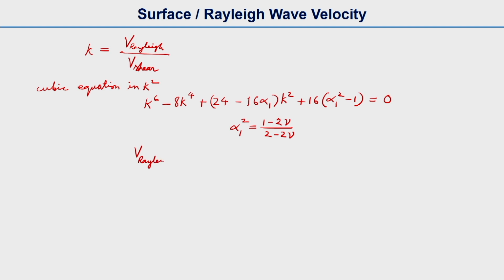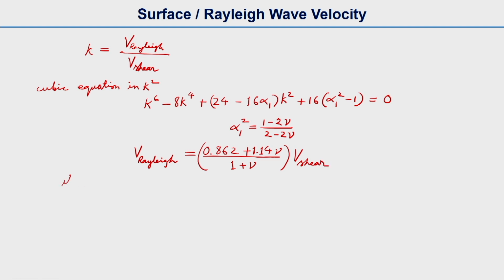And this will come out to be V Rayleigh equal to (0.862 plus 1.14 nu) divided by (1 plus nu) times the shear wave velocity.